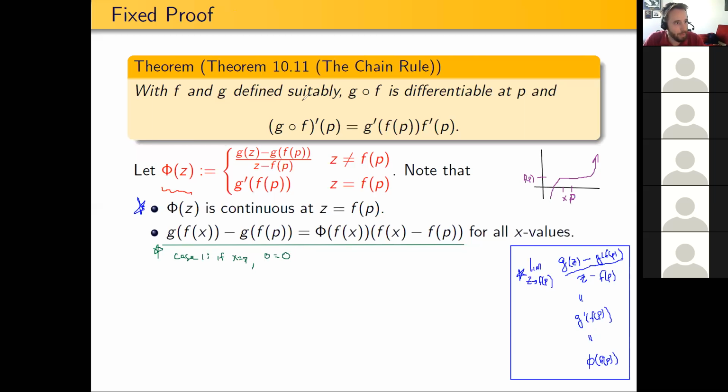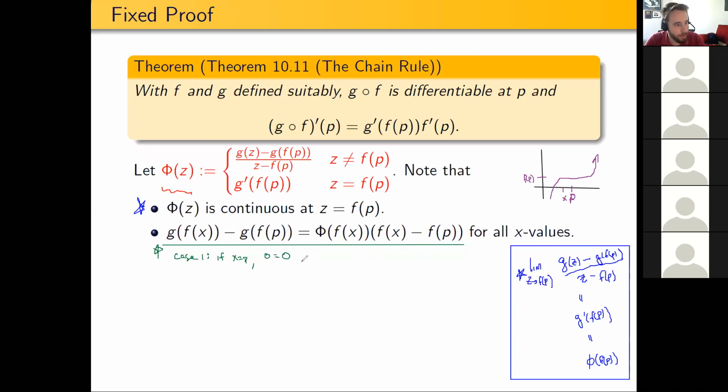If x equals p, then g of f of x minus g of f of p just becomes g of f of p minus g of f of p, so that equals 0. This becomes something times 0. So if x equals p, this equation just becomes 0 equals 0.